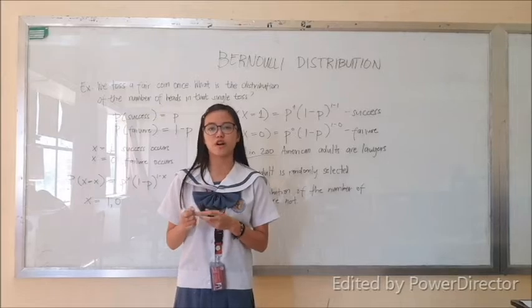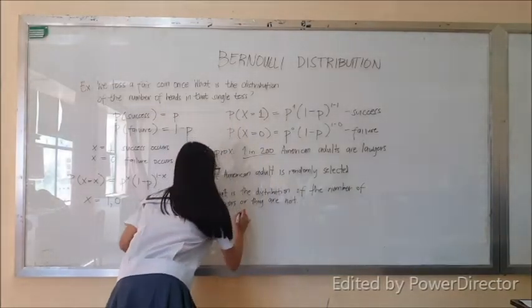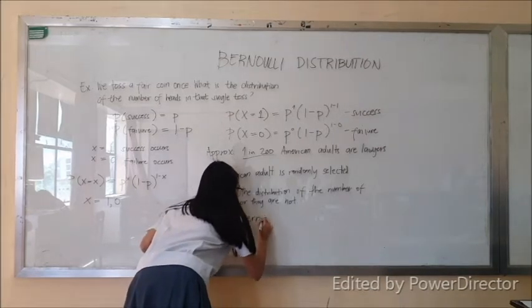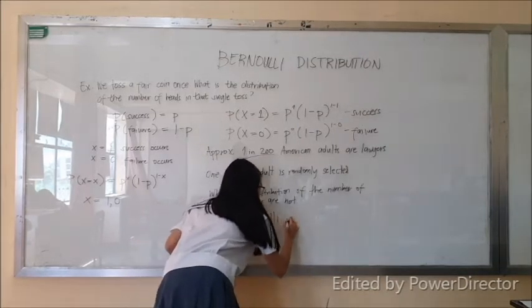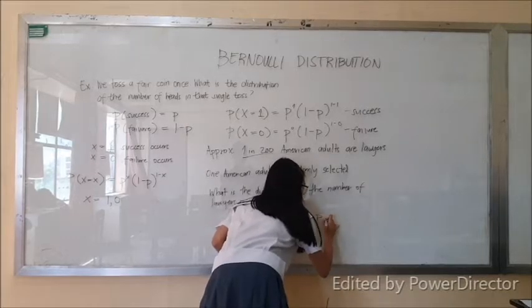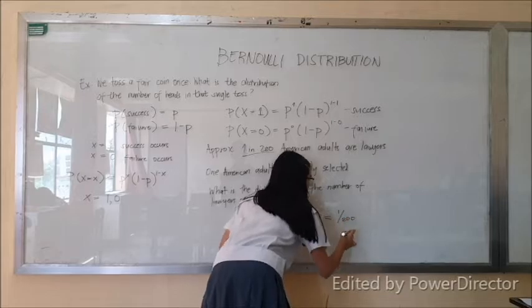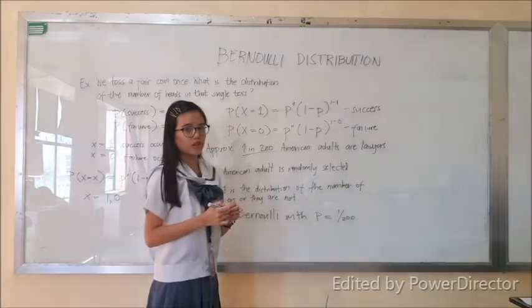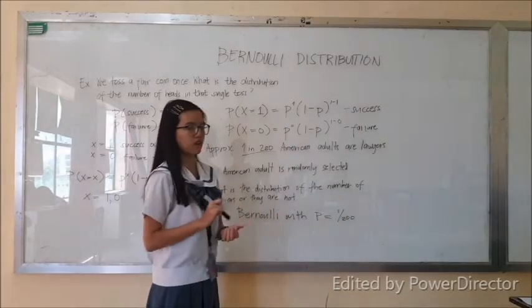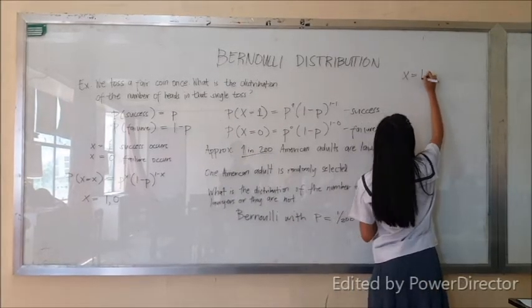So the number of lawyers will have a Bernoulli distribution with parameter p equal to 1/200, which is the chance that any one individual is a lawyer.